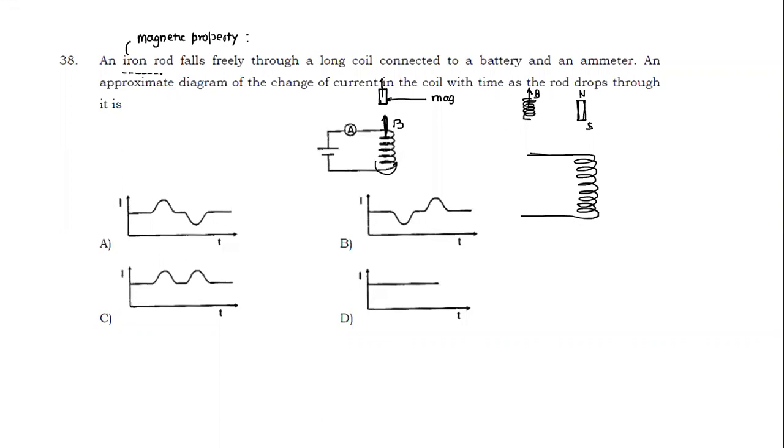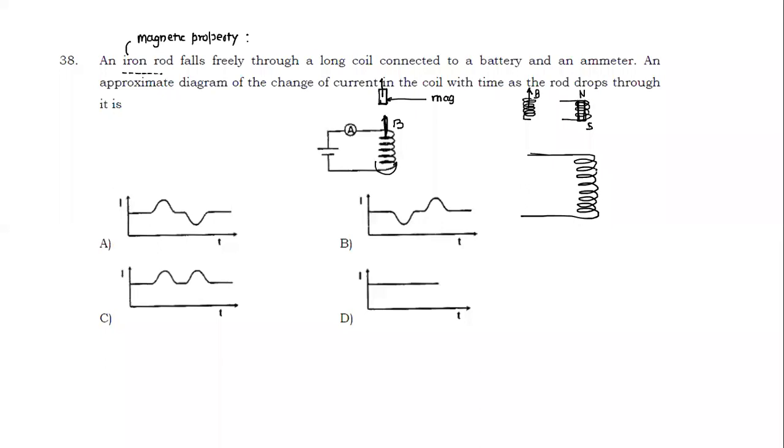Okay. So we can think of the iron rod also as a solenoid or a coil. It becomes like a magnetic bar, and a magnetic bar is equivalent to a solenoid, a current-carrying coil.